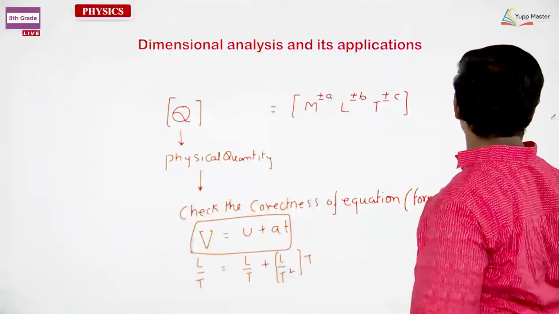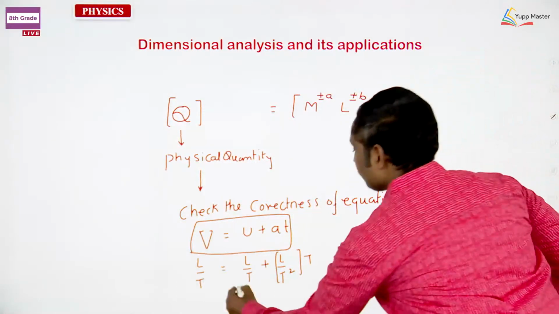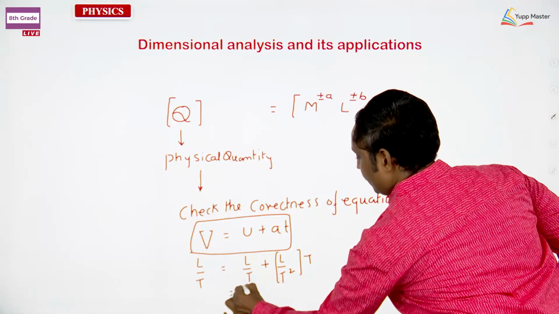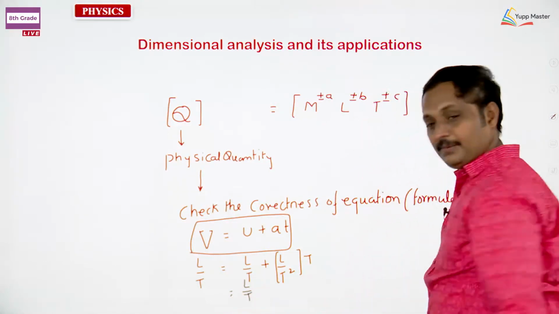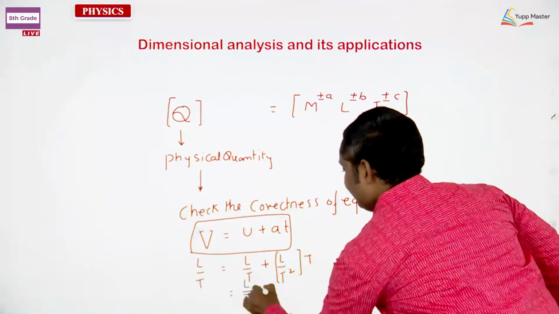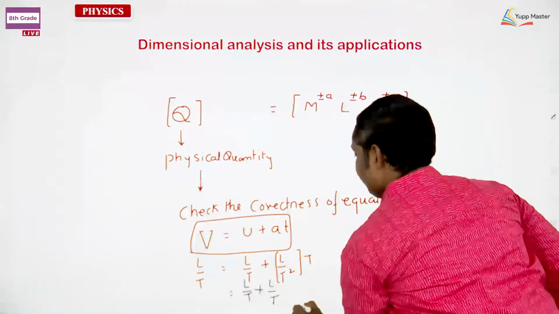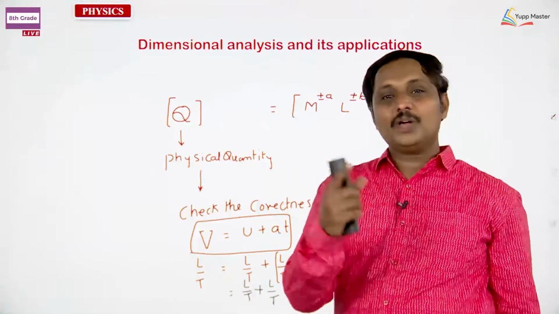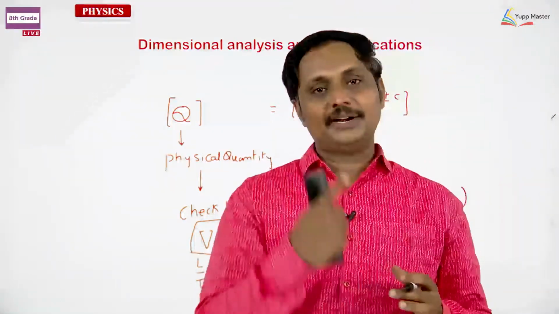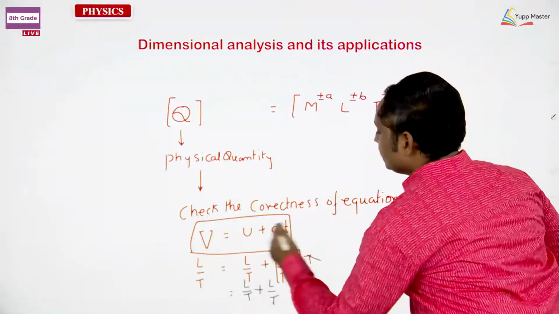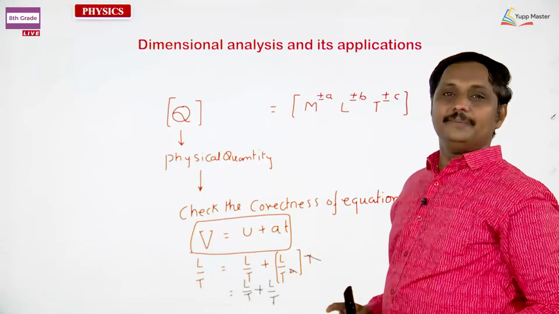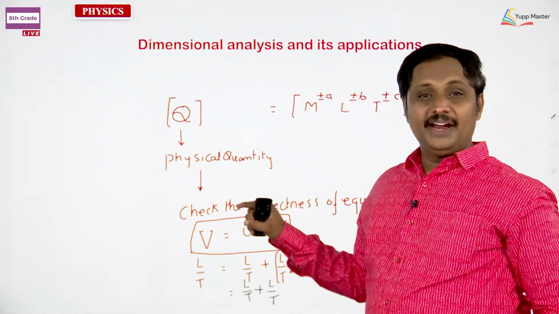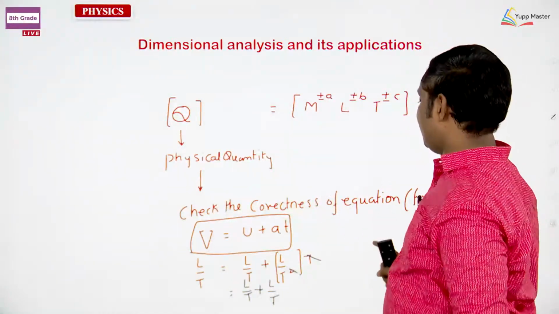So finally what we have obtained is L by T equal to L by T plus L by T, if you make the cancellation. So if you have a relation, you can easily check it, the right hand side and the left hand side. It's very clear.